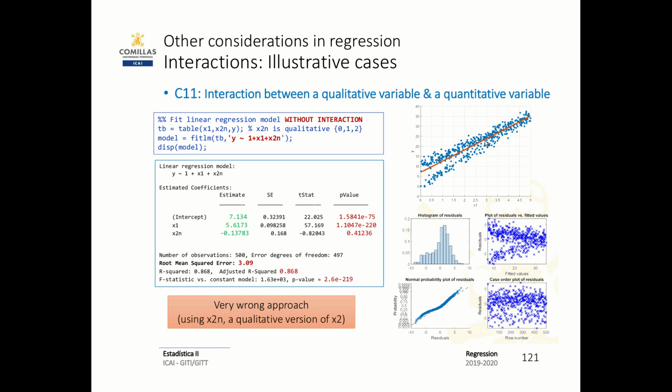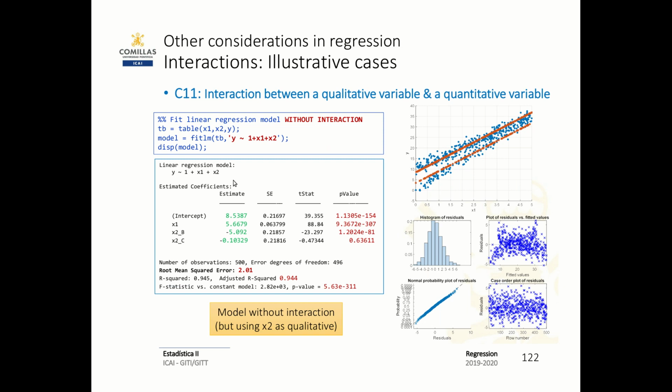But then we see that the regression line goes a little bit in the middle of all the observations, so it doesn't really capture these two trends. And when we do the residual analysis, we see a very specific pattern in the plot of the residuals versus the fitted values. So that means that our model has been misspecified.